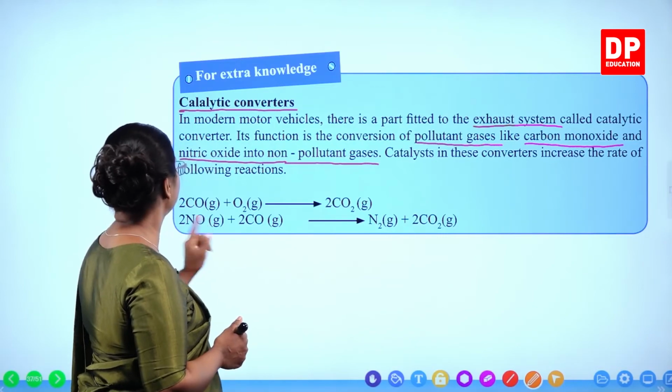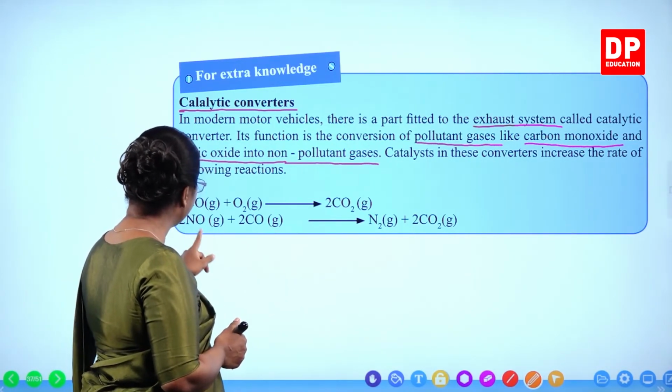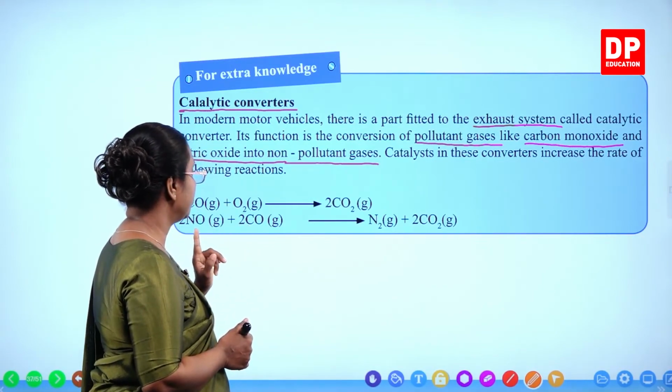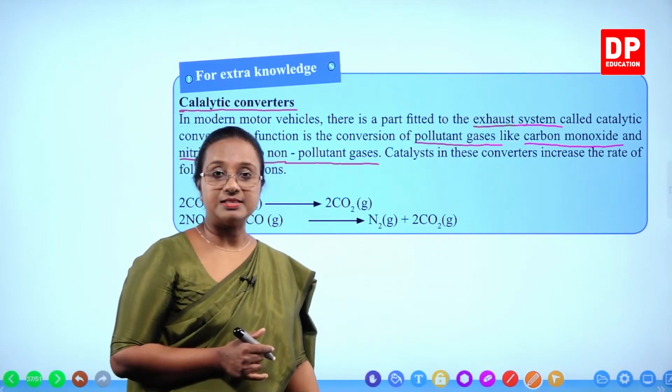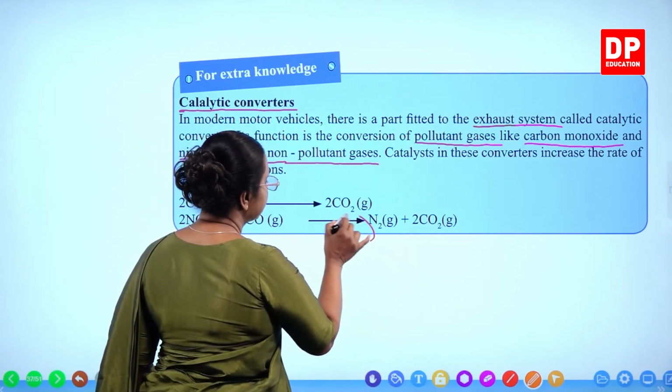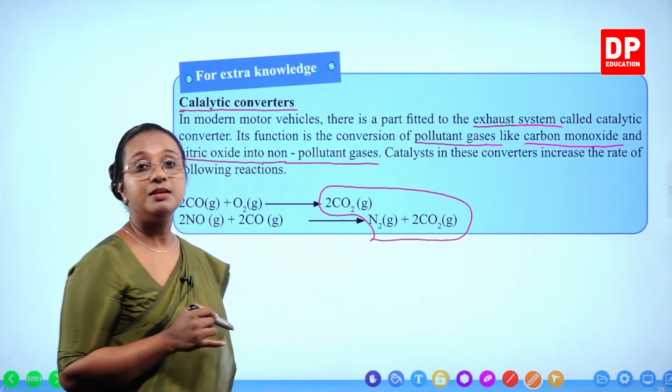Here nitrogen monoxide, NO, again: 2 NO gas plus 2 CO gas gives rise to N2 gas and CO2 gas. Again, all these gases, nitrogen and carbon dioxide, are there in the atmosphere.